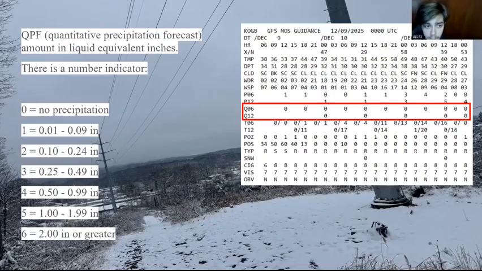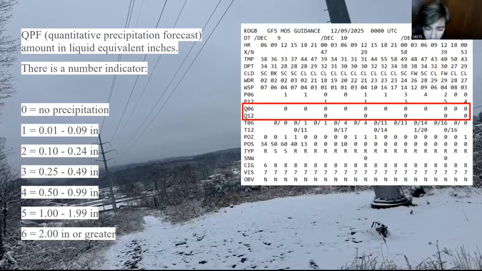But it's important to note for MOS for this, the number that you see isn't the amount, it is basically a category. 0 through 6. So 0, no precipitation, and then you can see 1 through 6, it's differing amounts.